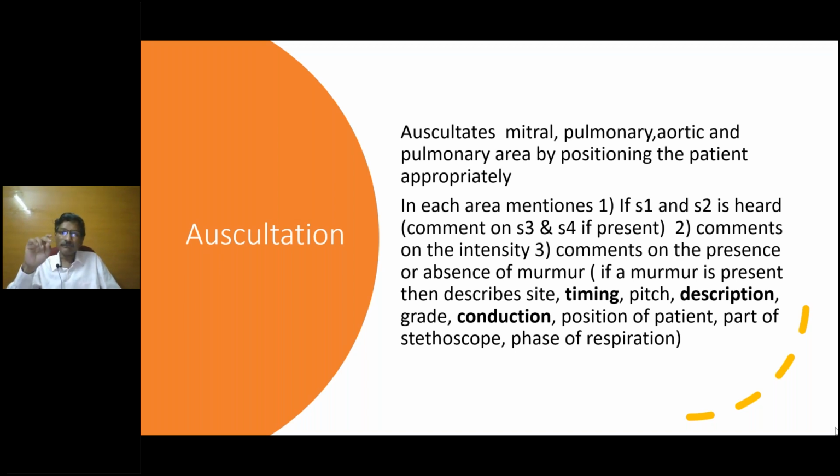But if I auscultate the aortic area first, and unfortunately the murmur of aortic stenosis can be conducted all over the chest also. It will be heard in the pulmonary region, it can be heard in the apex, in the left lower sternal edge, all over the chest.